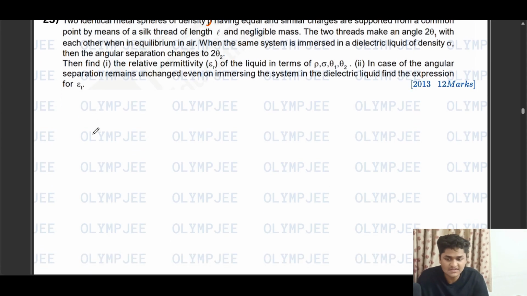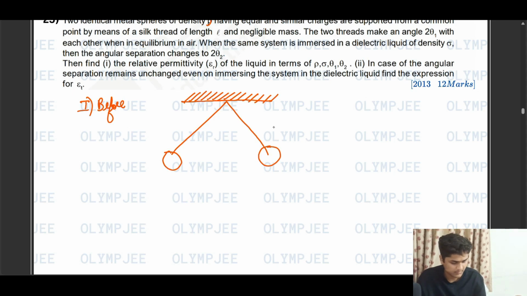Okay, so let us draw the situation before and after. Before, the situation is like this. The electric force will be in this direction and mg will be downwards.